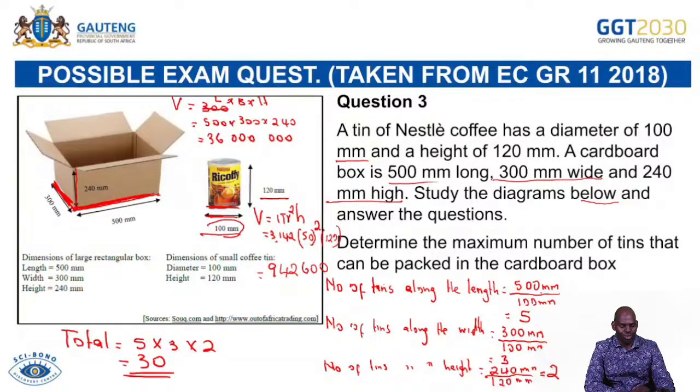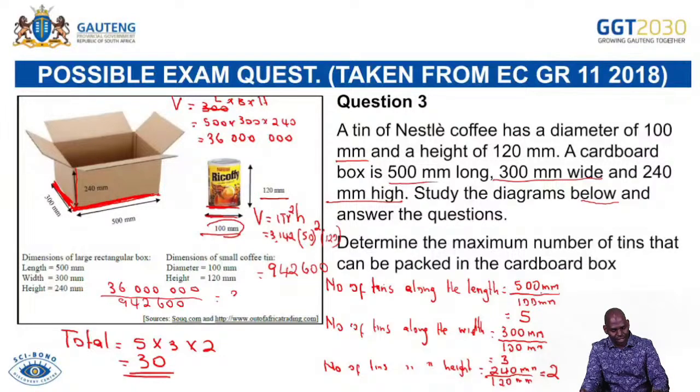I just take the volume of the box and divide it by the volume of the tin. If I take 36,000,000 and divide it by 942,600, the answer that I'm getting is 38.